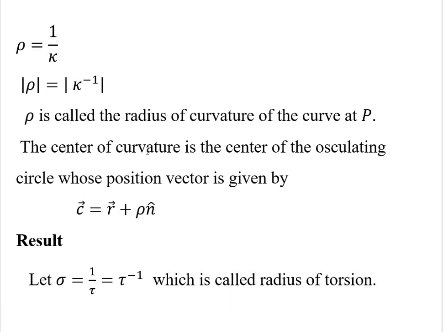The center of curvature is the center of the oscillating circle, whose position vector is given by C vector equal to R vector plus rho times n cap. Similarly, the radius of torsion is sigma equal to 1 by tau, because sigma equals tau inverse.